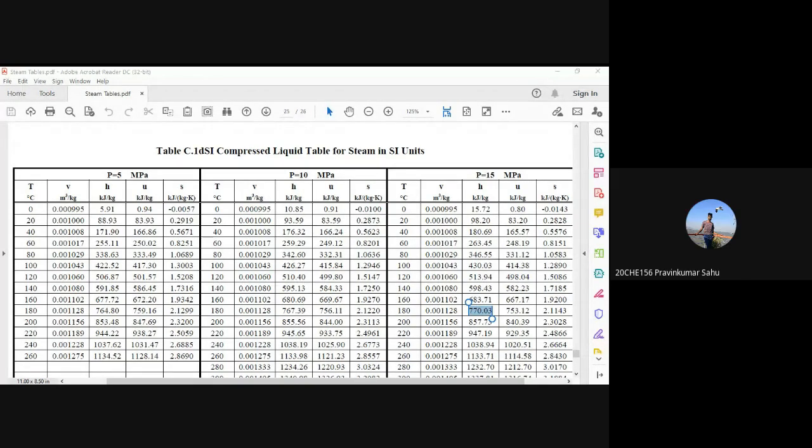About 10 or 13 people have downloaded it out of 90 in the class. So whatever we did just now, do it for yourself in the steam table.